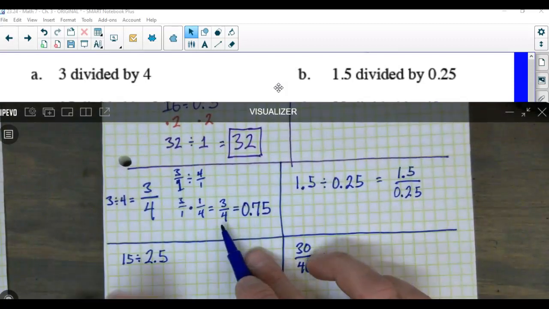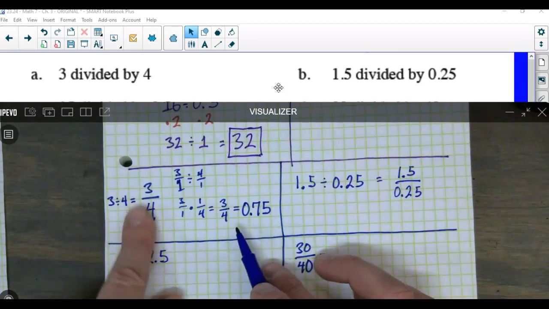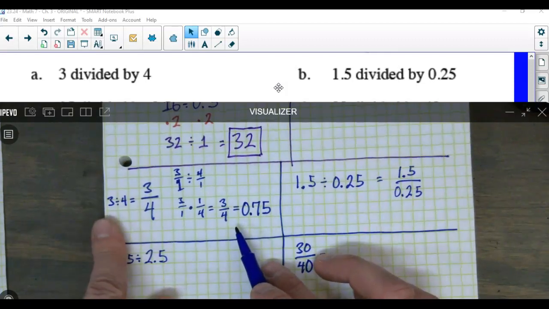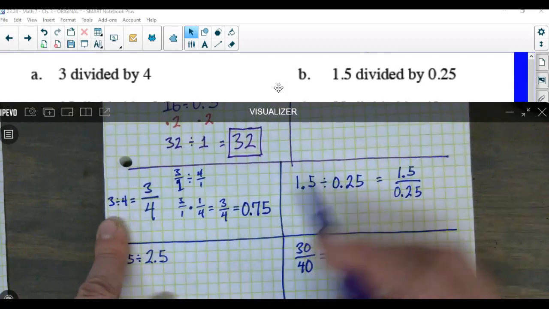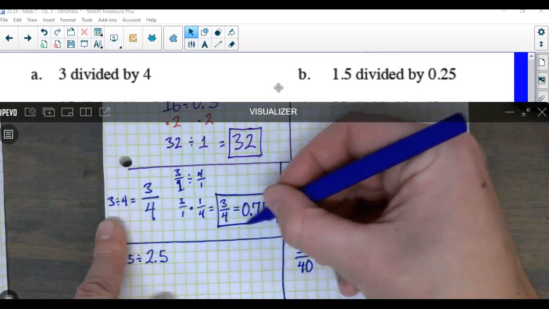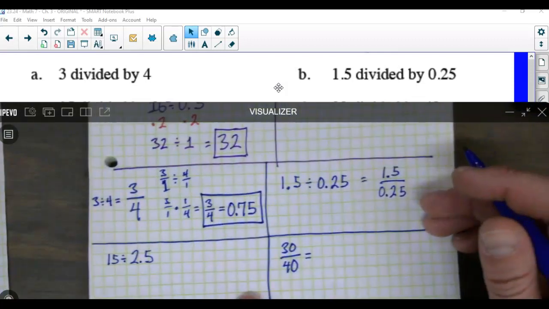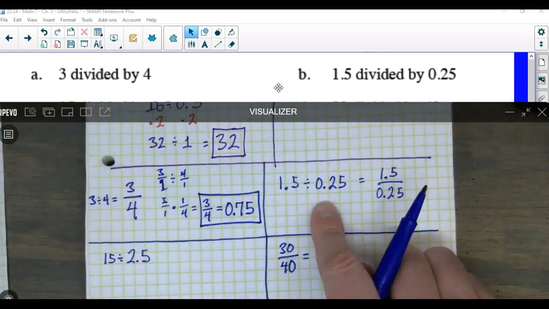I don't know that there's a better way on 3 divided by 4 because they're not really complicated numbers. Neither of them have a decimal involved. This might just be one that we try to get into our memory: 3/4 is 0.75, 75 hundredths. Now, B looked a little different. 1.5, 0.25.